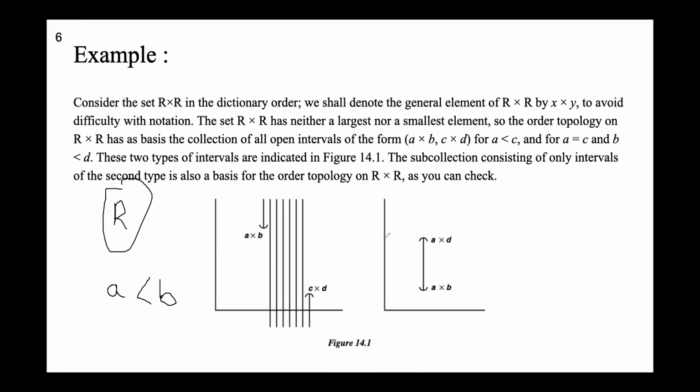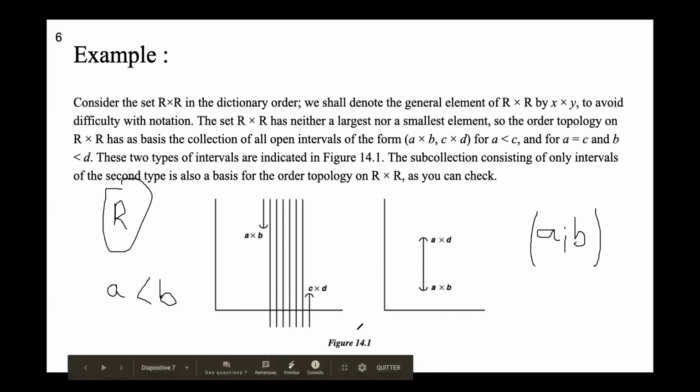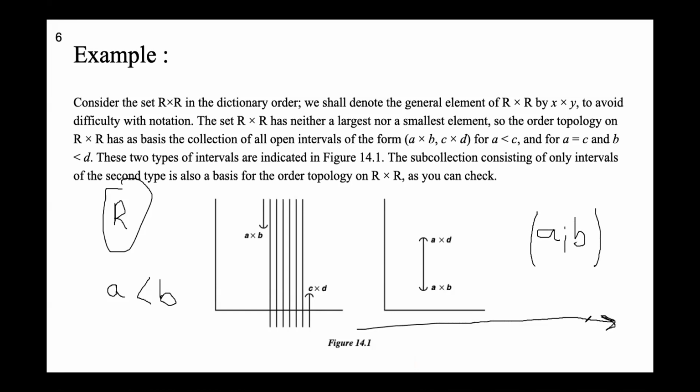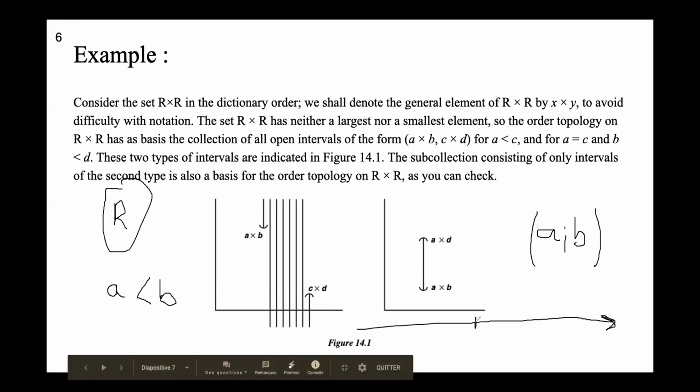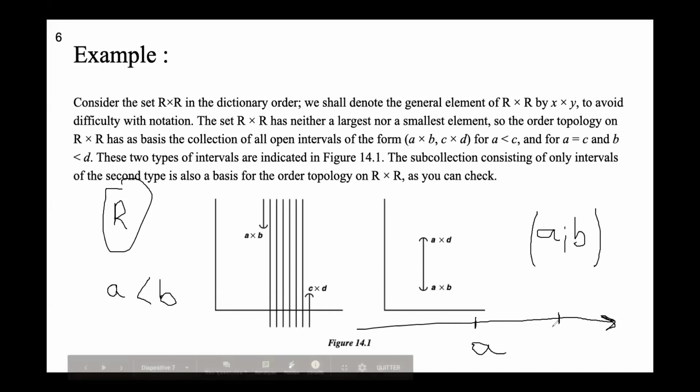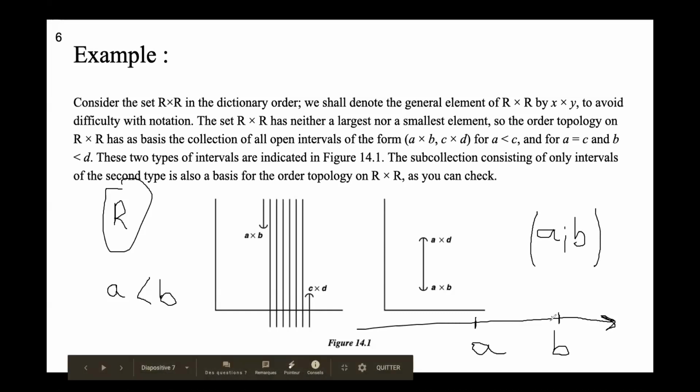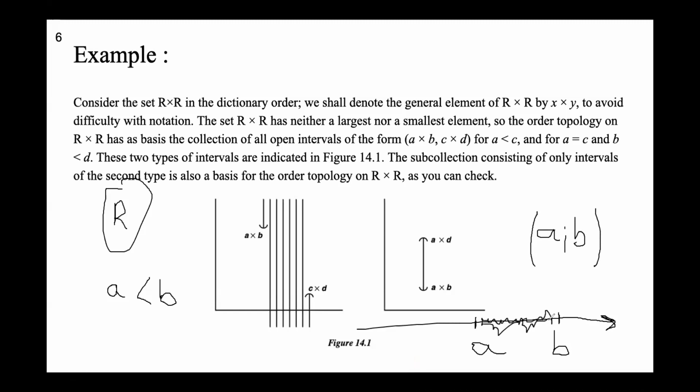The order topology on R would be A, and every element of R would be between A and B. And here, on the R line, we would have A, B here, and here is the set.